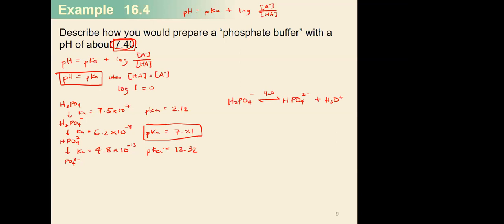So we have a system that contains this as the acid and this as the conjugate base. The pKa is 7.21, and we're looking at 7.40.